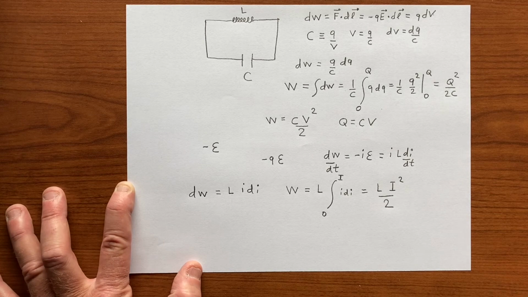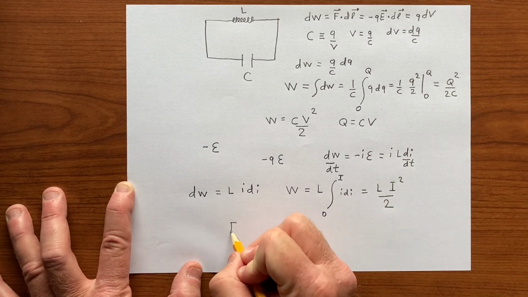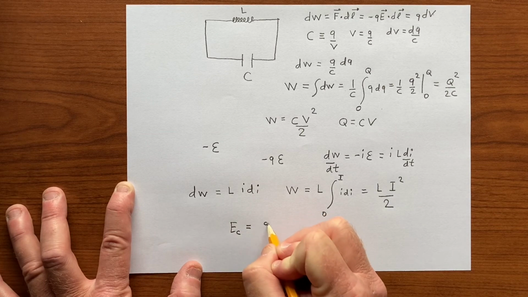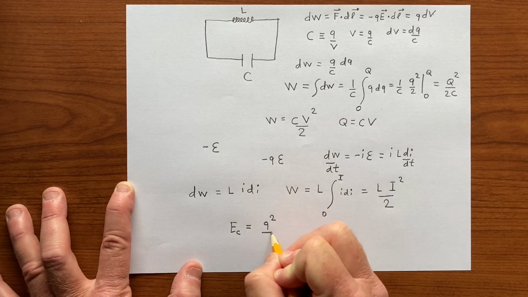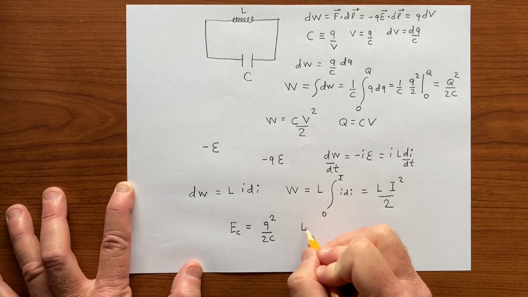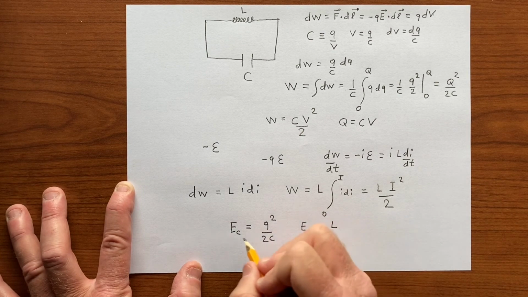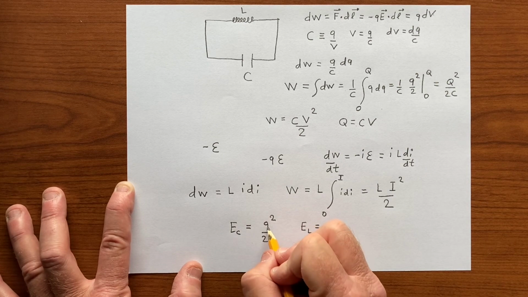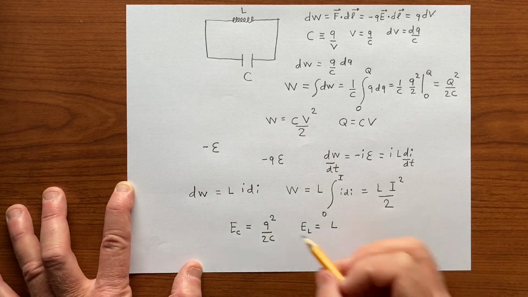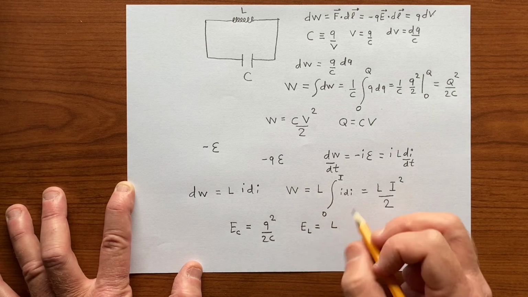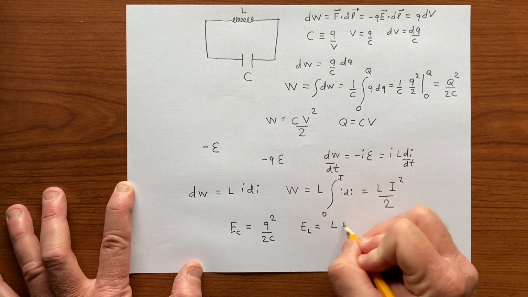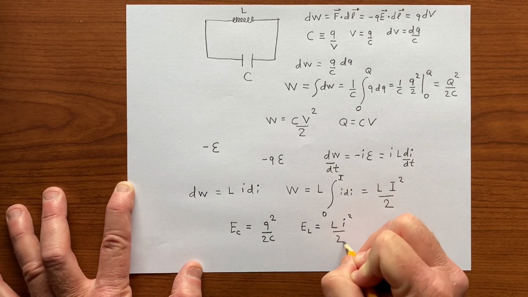So the energy stored in the capacitor depends on the amount of charge stored in the capacitor and the capacitance, and the energy stored in the inductor depends on the inductance and the amount of current that's there at that time.